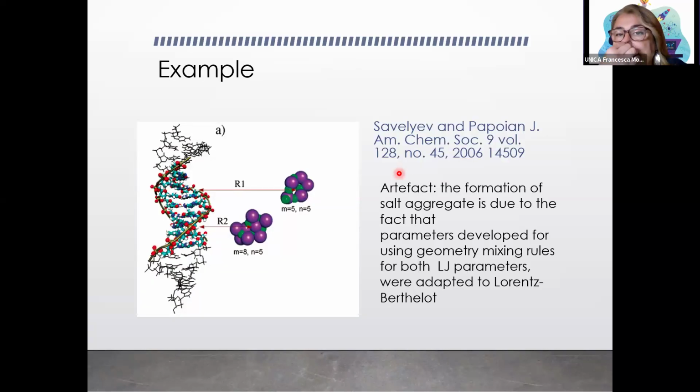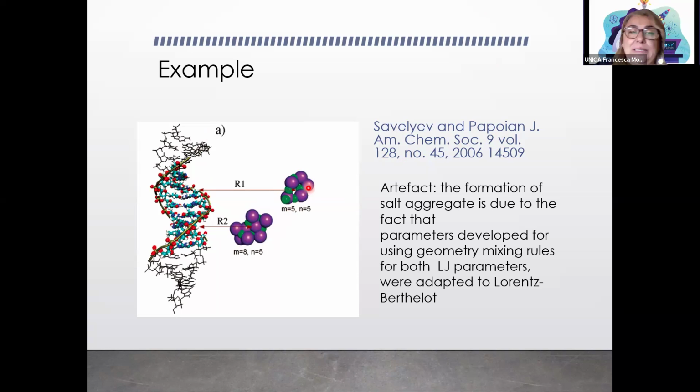It is interesting that only in 2006, even if the problem was already highlighted before, it was observed, in simulations of DNA with simple salt used as counterion, I think here were potassium and chlorine, that these authors, whom probably some of you know personally, observed that crystals, or agglomerates, of potassium chloride were formed.